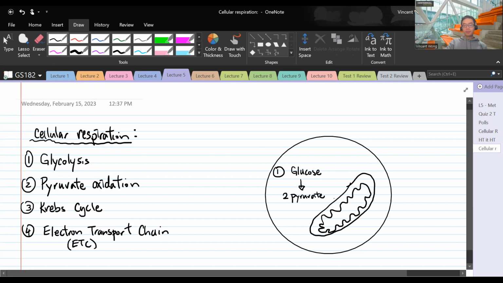More on that later. The pyruvate will then enter the matrix of the mitochondria, and that's where step 2 and 3 will take place. Pyruvate oxidation and Krebs cycle will happen in the matrix.